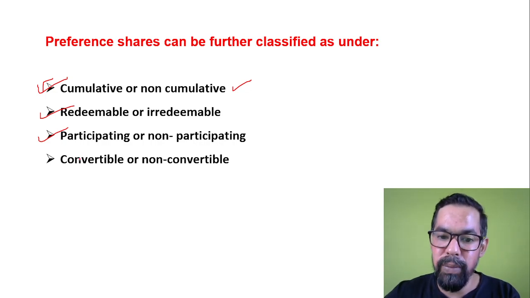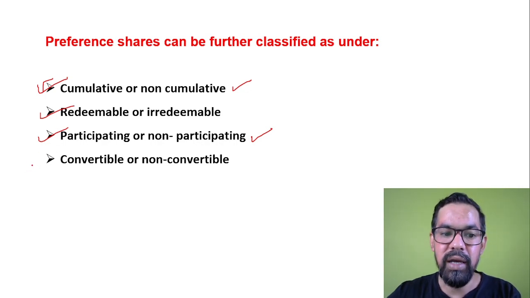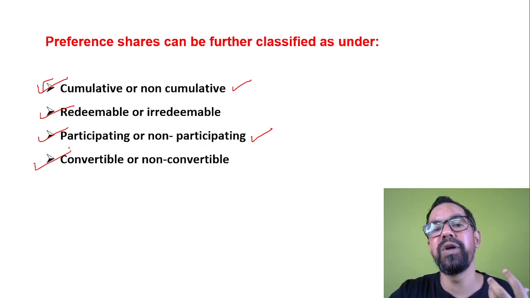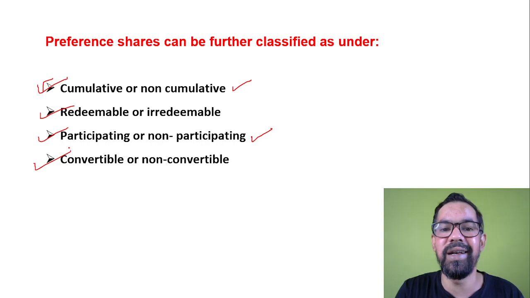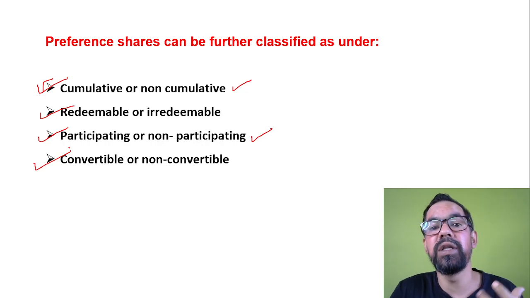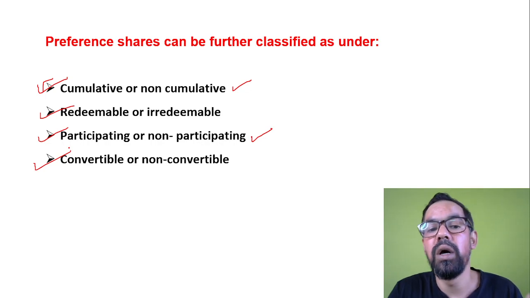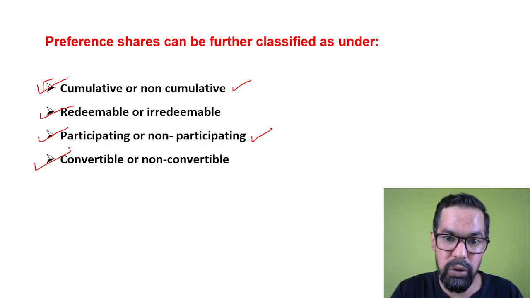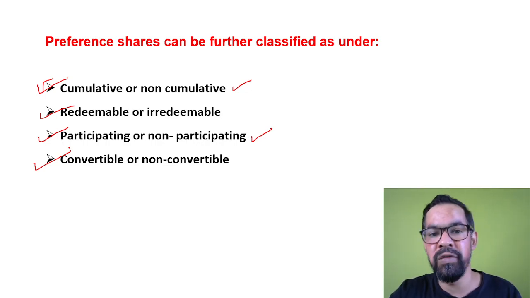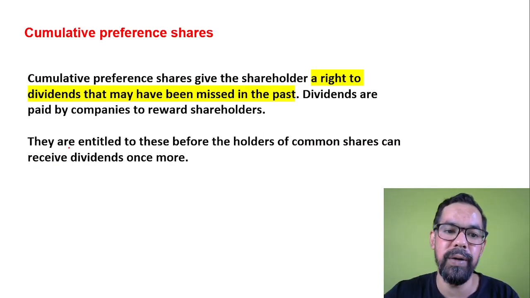But in case of non-participating, the dividend ratio is fixed. Okay. Convertible and non-convertible. In convertible preference shares, the right belongs to the shareholders of that particular company, so they can convert these shares into equity shares anytime. But in case of non-convertible, they cannot convert into equity shares.